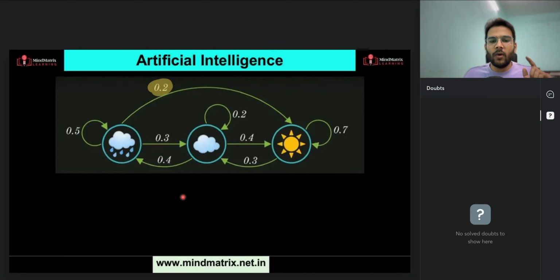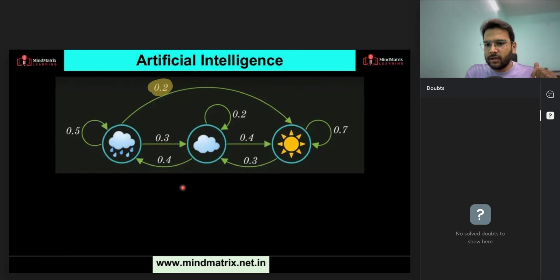Now, based on the weather, whether it is rainy, cloudy, or sunny, your friend's mood or expression is changing, right? So it depends.